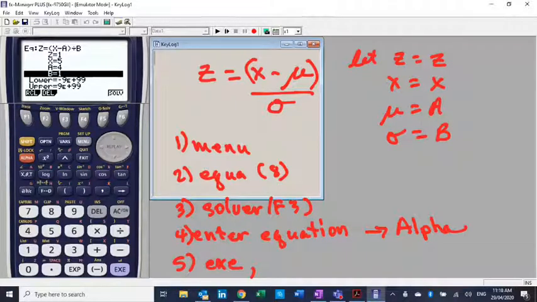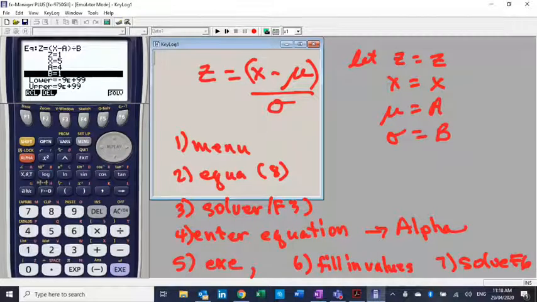Then 6, fill in the values, make sure you get them in the right spot, and 7, hit solve, which is just F6. And that will allow you to solve these for any of them, so you won't have to do all the math by hand. Now again, if you want to do the math by hand, it's not very difficult, but there you have another choice. Thanks, guys.